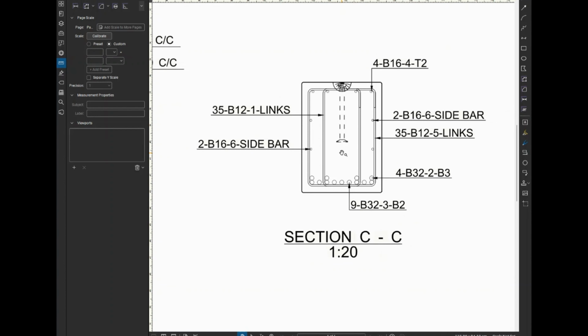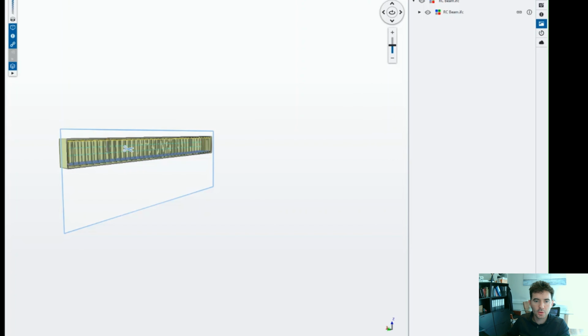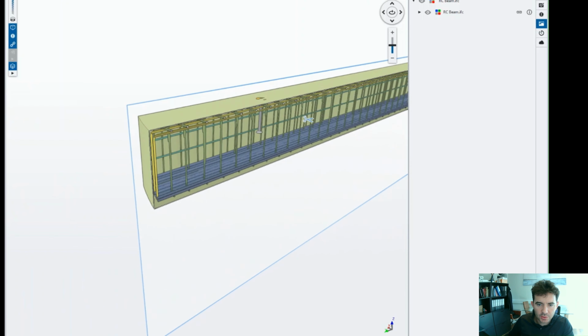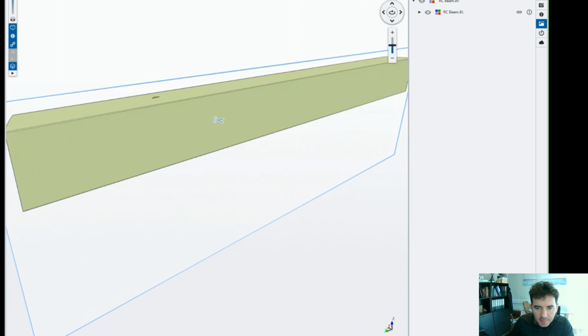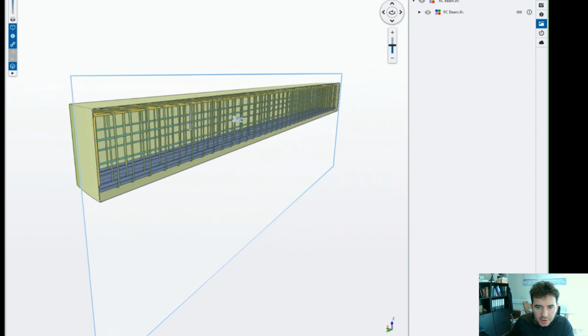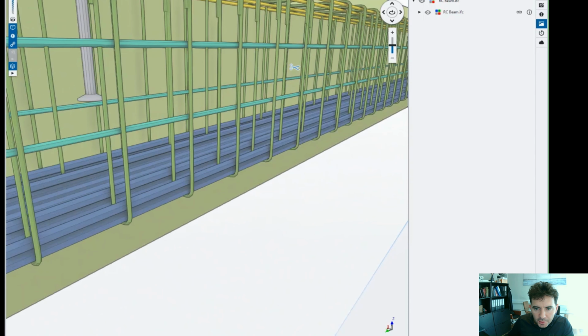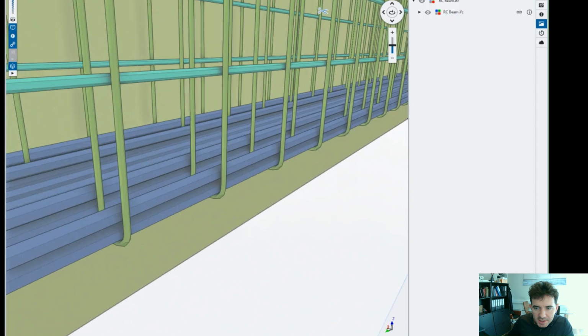What we'll do now is have a look at the standard bar schedule that you would get for a typical beam that looks like this. Firstly, we'll have a little look at the IFC file for the steel. I've singled out the beam and put a cut through it. We can see we have a nice bit of steel at the bottom.